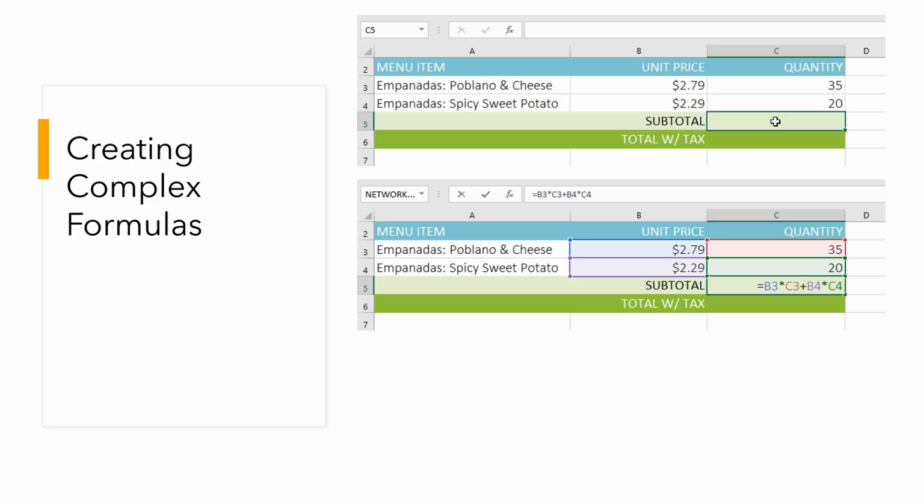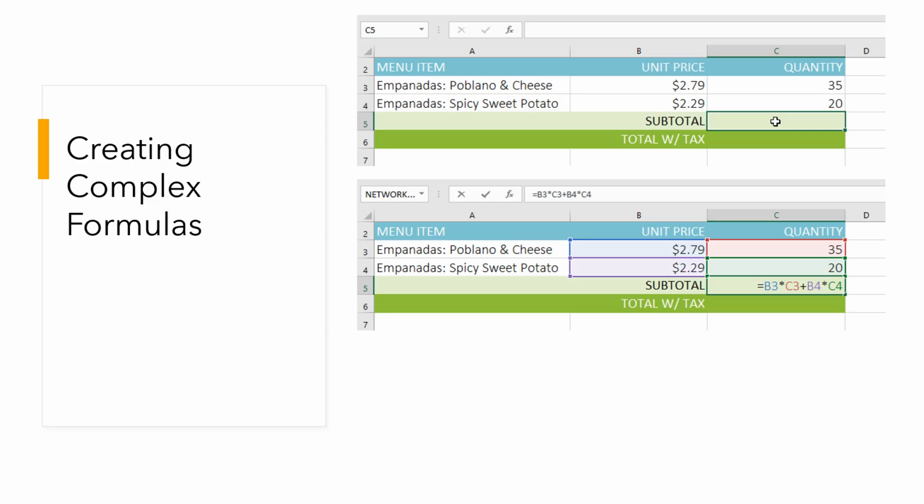So I know how much money I generated from this line. So I've typed in B3 times C3. I also want to take this unit price and multiply it by the number I sold. So I've taken B4 and multiplied it by C4.